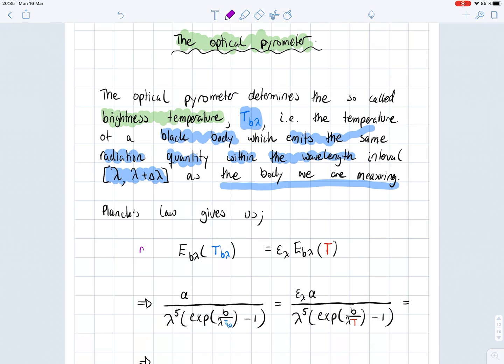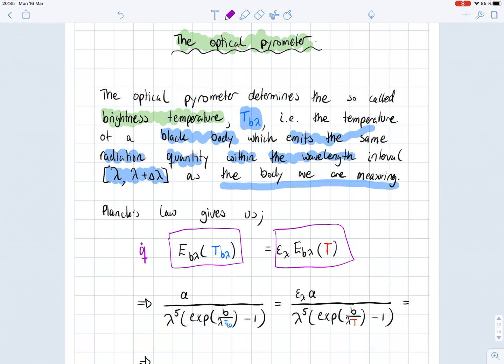We again measure a flux of energy, which is then assumed to come from a black body, while in reality it comes from a non-ideal surface with a different temperature.